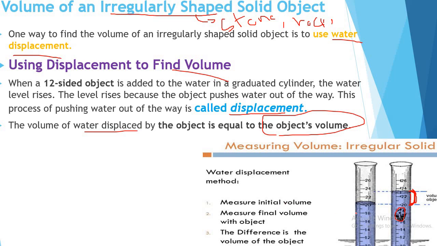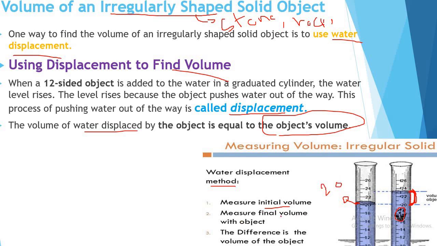The difference between the volume after we put the stone and the volume of liquid before is the volume of the object. So, measuring volume of an irregular solid by the water displacement method: first we measure the initial volume, which is 20 here.